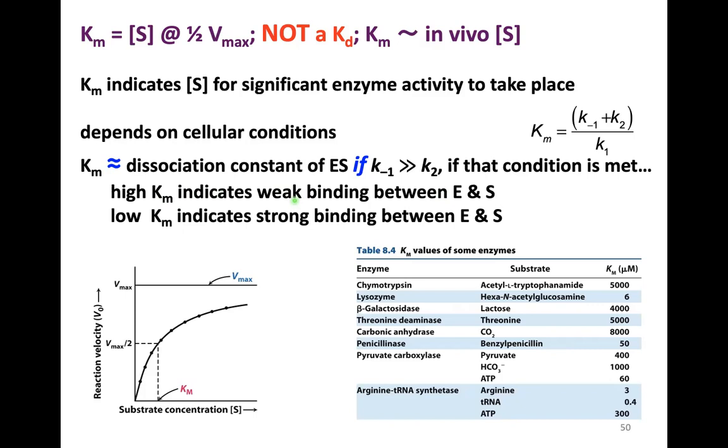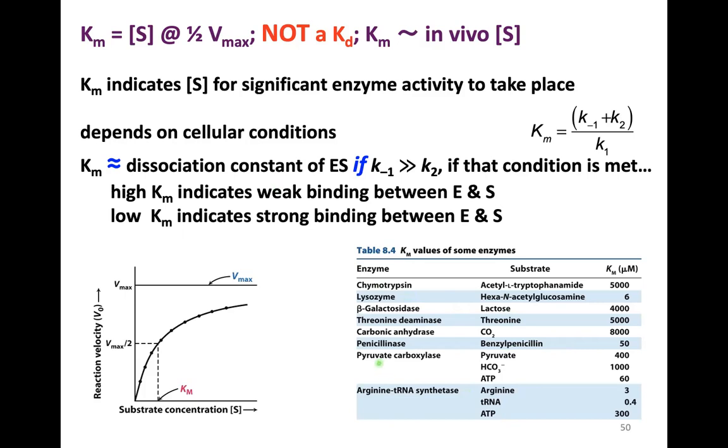But again, the Michaelis constant is not an equilibrium dissociation constant, because we are at the steady state. But it gives us a sense of the affinity-ish, it is not an affinity, that substrate has for the enzyme. What the heck am I talking about?